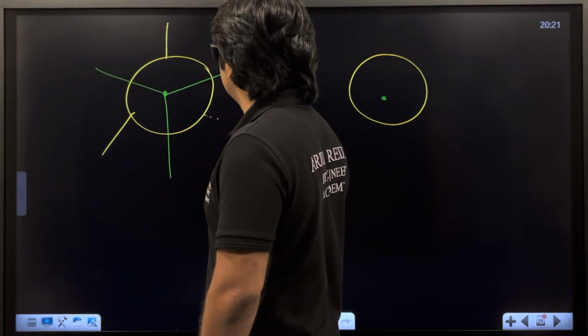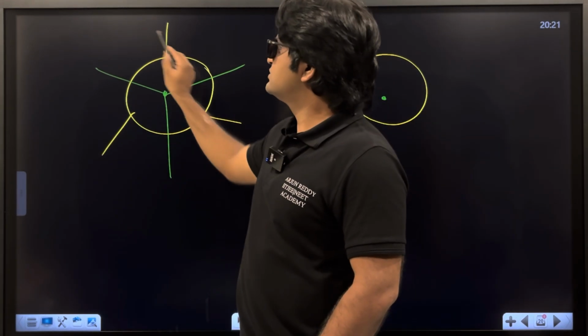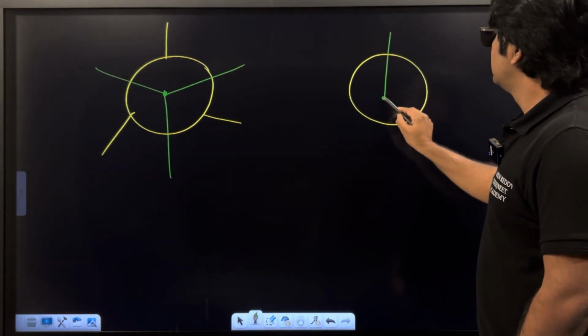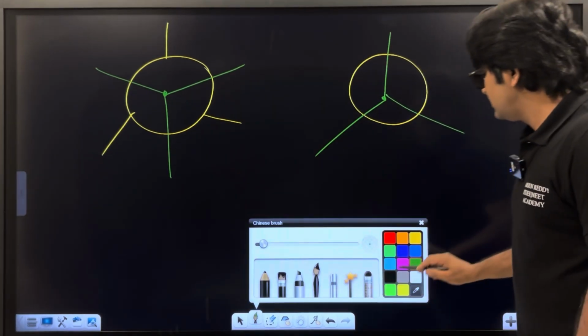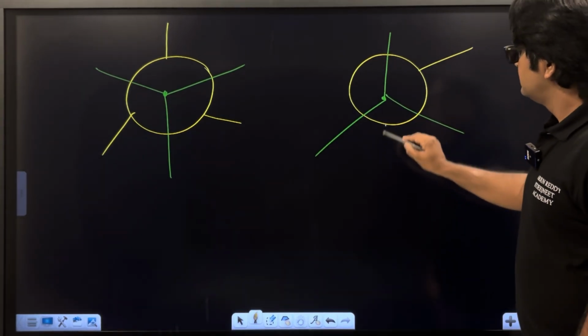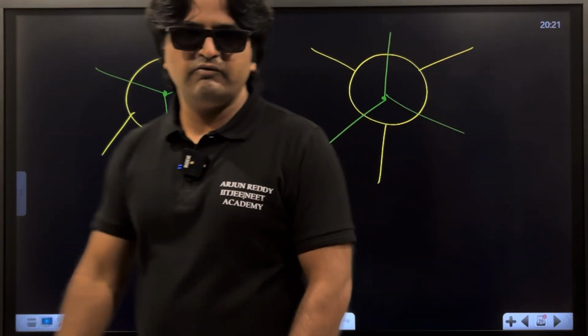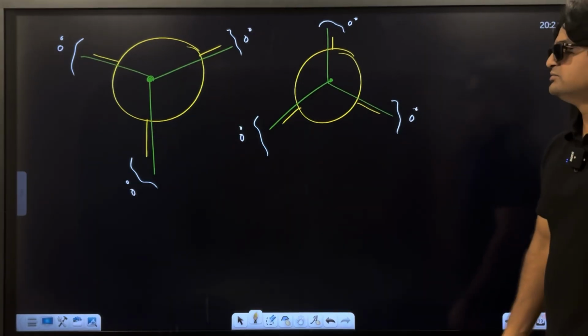Here also the same thing, 120 degrees between two yellow, 120, again here also 120. And sometimes they can give it like this, between any two bonds 120 degrees bond angle separation, at the back carbon atom also 120. Okay, these are the four different ways of representing Newman projections.